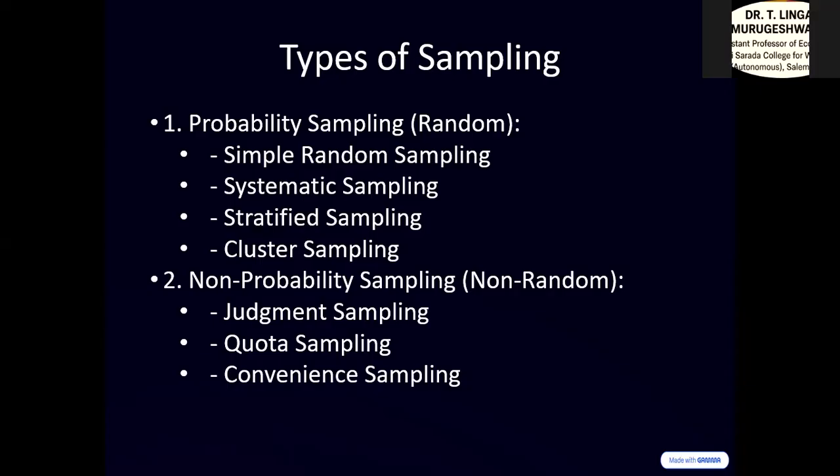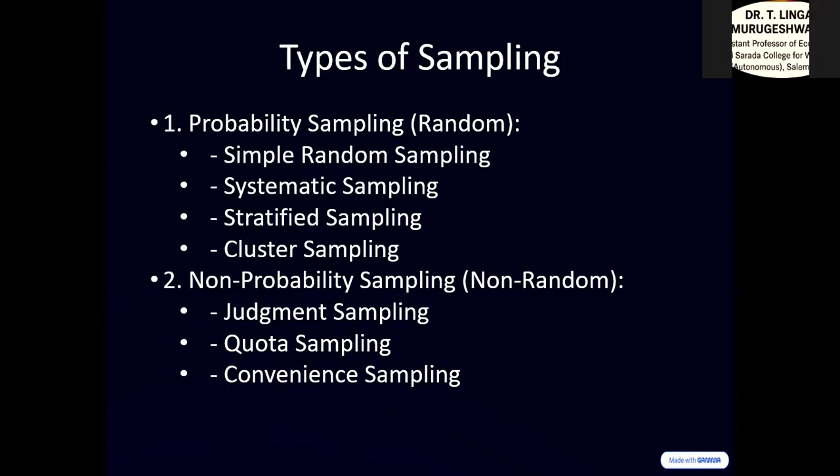Next is types of sampling. Sampling methods are generally categorized into two main groups: probability sampling and non-probability sampling. Let's go through each in detail. In probability sampling, every individual in the population has a known non-zero chance of being selected.